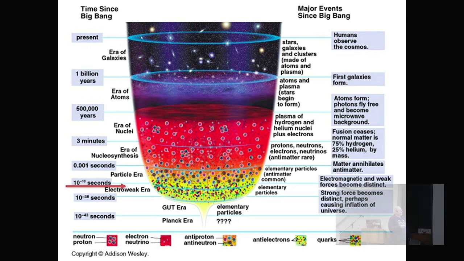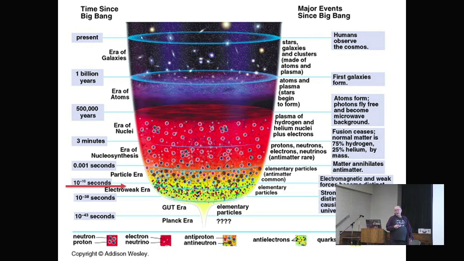And then nucleosynthesis basically ended about 3 minutes after the Big Bang. That was when we had the hydrogen, the helium, and a tiny little bit of the next couple of elements. So then this says 500,000 years, other people say 380,000 years, but that's when we had neutral atoms, and light could travel across the universe.